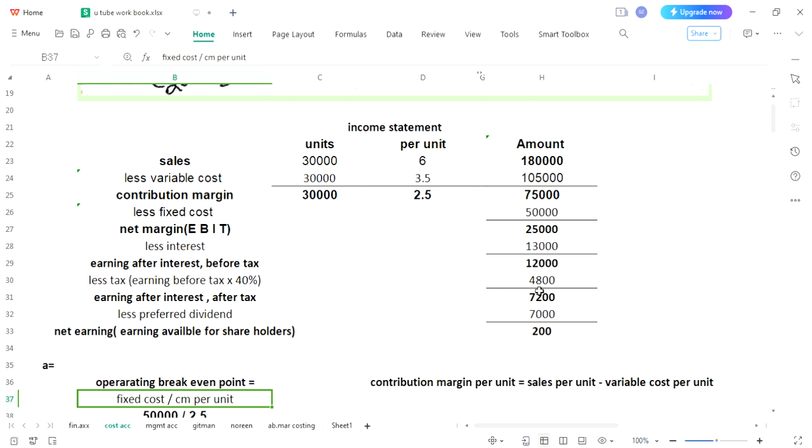You will not be able to neglect these payments. These are outsiders' payments: interest to whoever you took the loan from, and tax charged by the government. So these are unavoidable expenses. You have to pay that. So we have earnings of 7,200, and this would be available for both common stock and preferred stock.